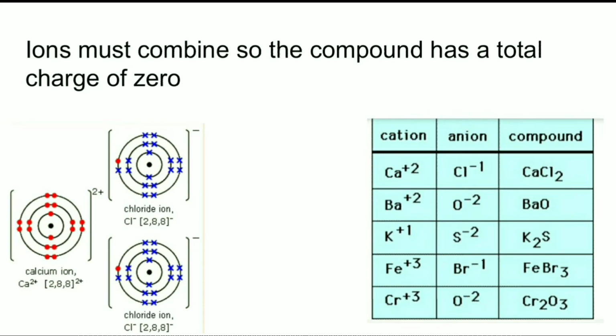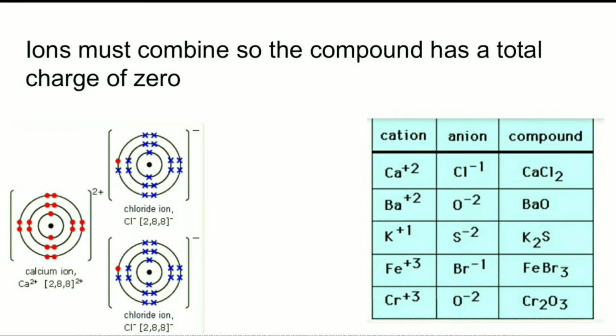You already know that atoms gain or lose electrons to form ions in order to obtain stable noble gas valence electron configuration. But when you look at the noble gases in group 18 on the periodic table, you'll notice that not only do they have electron configurations that typically end in 8, but they also have a total charge of 0.